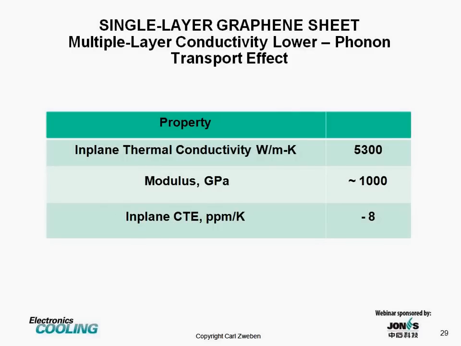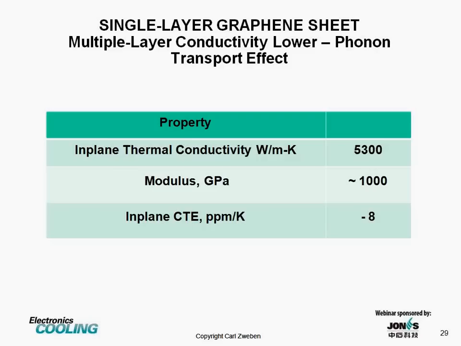This brings us to graphene, which is quite a remarkable material. This is a single layer of carbon atoms that are bonded in a hexagonal array. The single layer graphene has a thermal conductivity up to 5,300. That's a measured value.